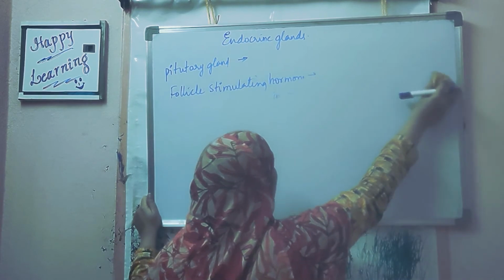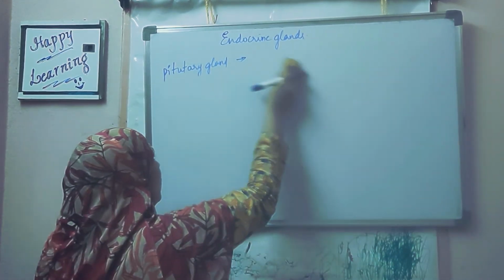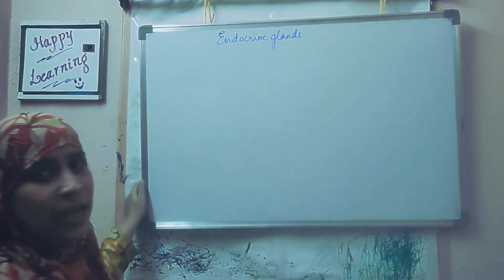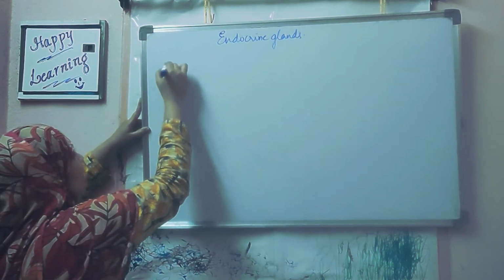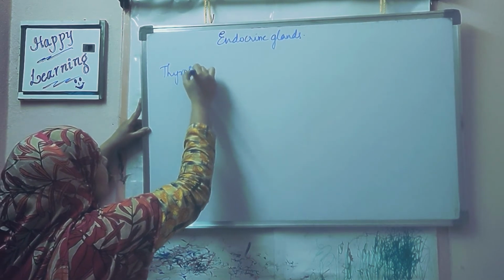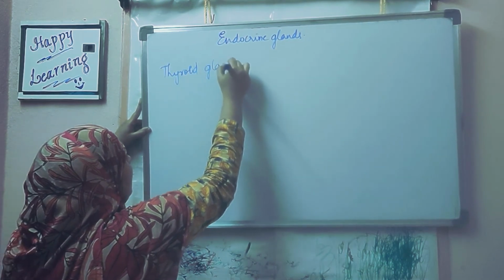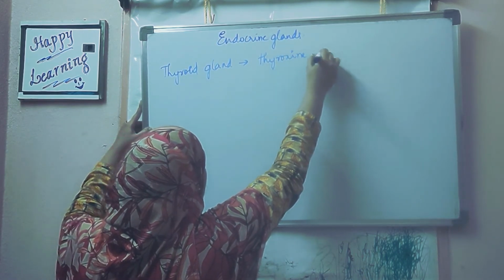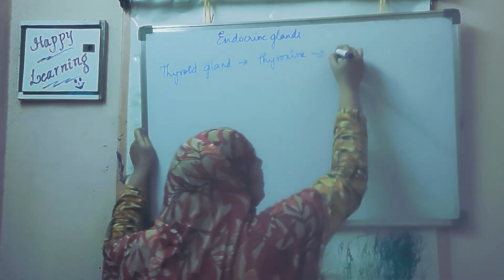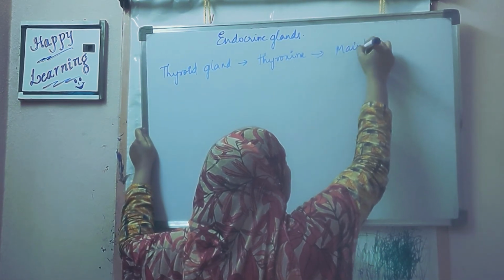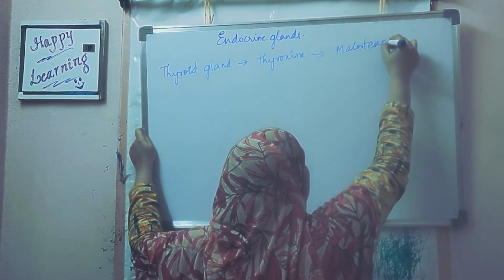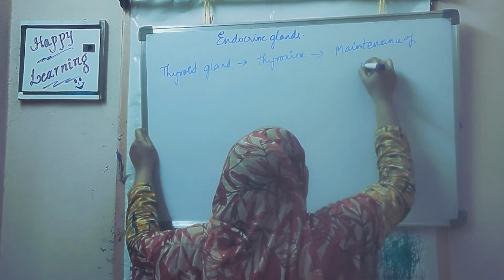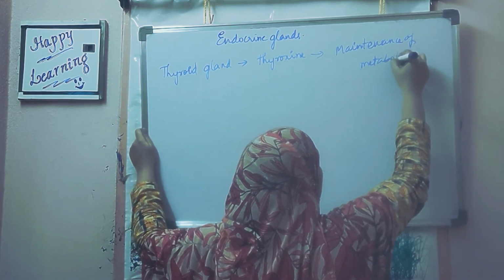In neck region, what is the endocrine gland that is present? Thyroid gland is present. Thyroid gland releases a hormone called thyroxine. It is responsible for maintenance of metabolic activities.